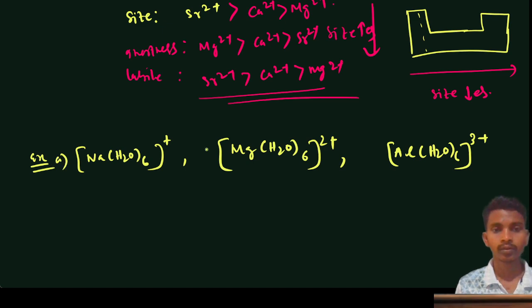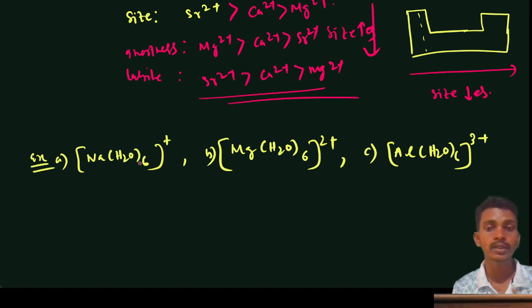From here, these are all isoelectronic species. Now we see that size is almost comparable because they lie in the same period. So now we look here that the charge is different.